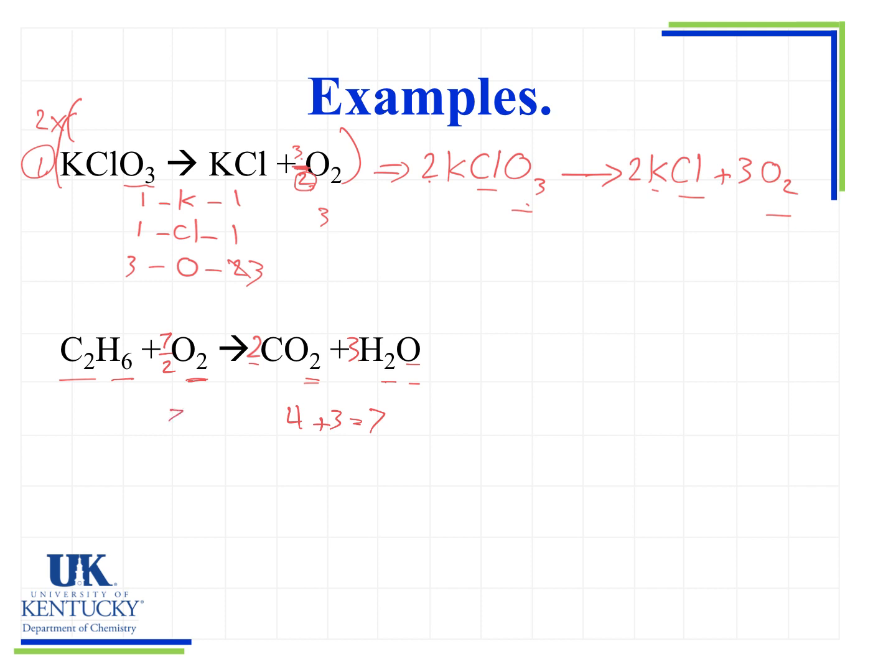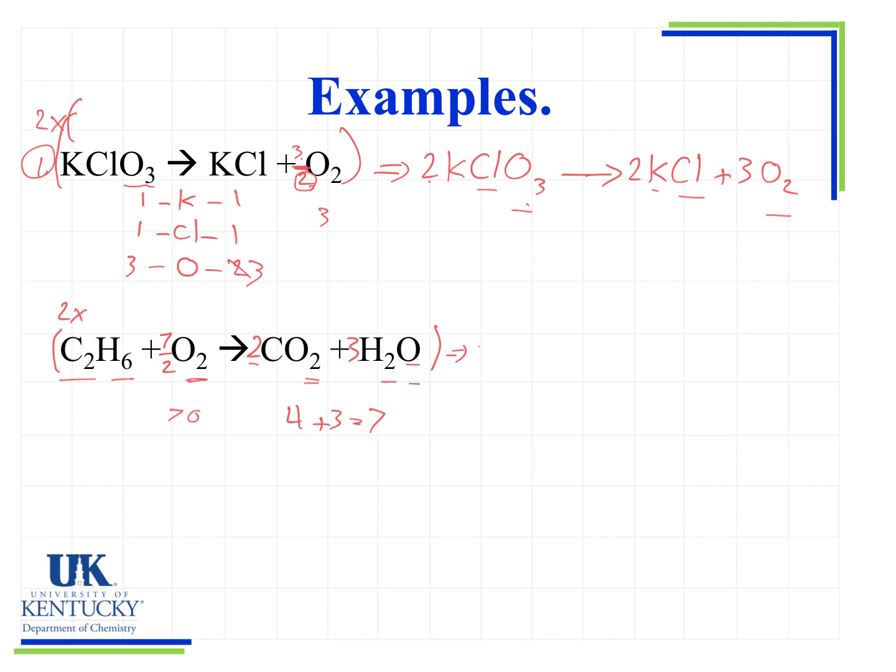So I have 7 oxygen here. But just like the previous example, we cannot have it in a ratio form, so you multiply the whole reaction by 2 in order to eliminate the denominator for oxygen.